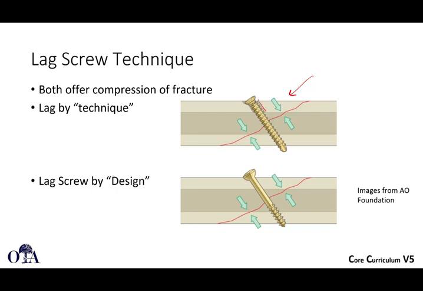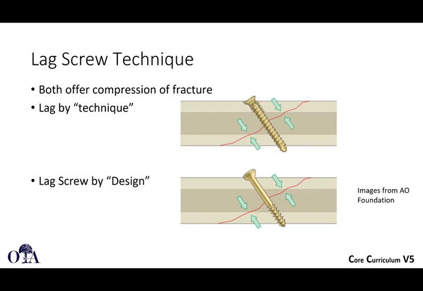You can see the gliding hole matches the outer diameter of the threads, and here you have a pilot hole that approximates the inner diameter. So if this is a 3.5 millimeter screw, you would drill a 2.5 pilot hole and a 3.5 gliding hole. That allows you to generate compression with a screw like this, and that's called lag by technique.